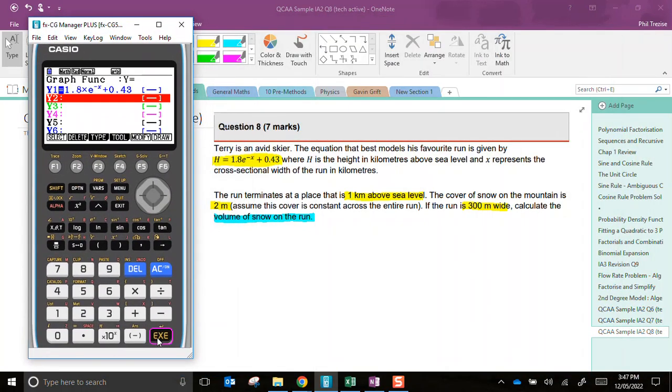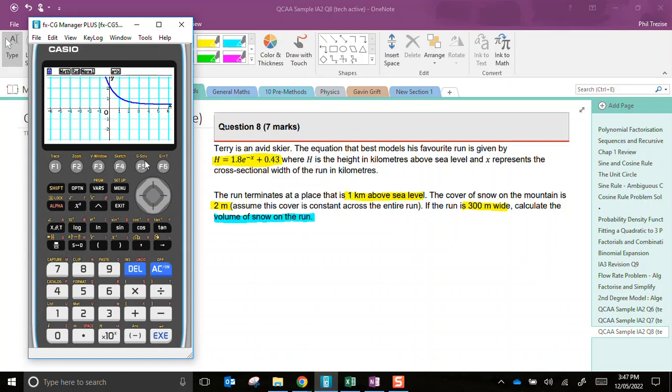So I'll go to the graphing app. I've already entered the equation here as per the question, so we'll draw that. And there's the graph. Now it says we terminate 1 kilometre above sea level. So 1 kilometre above sea level is about here somewhere. I might just zoom in a little bit, and I'll use a box this time.